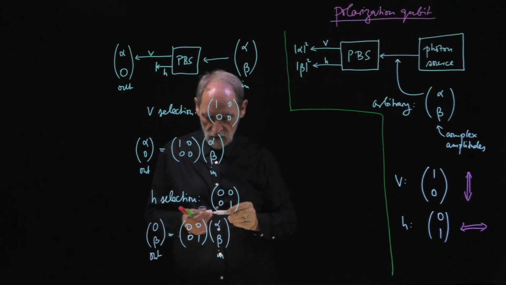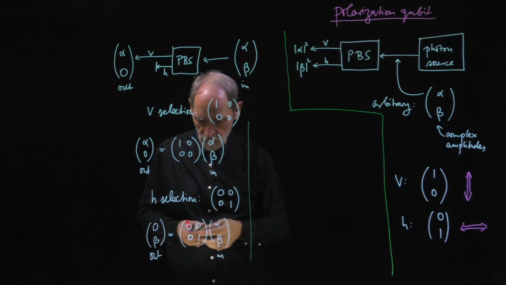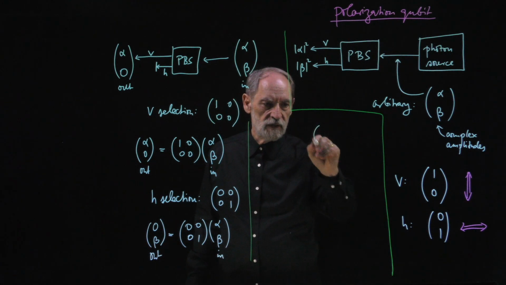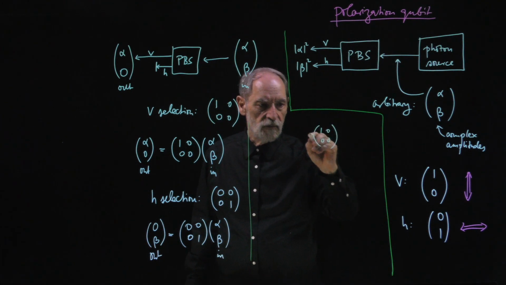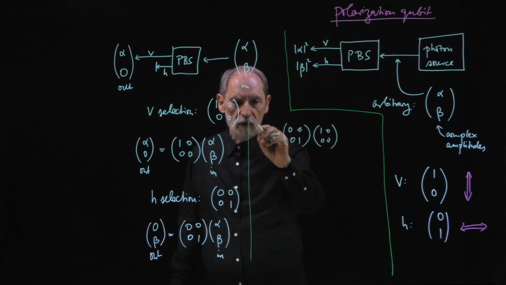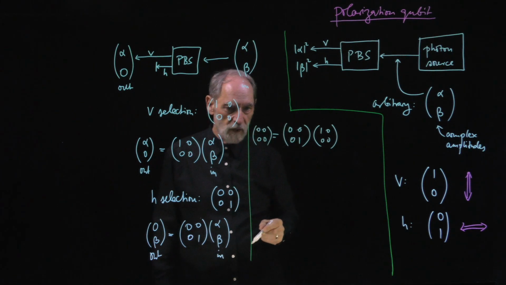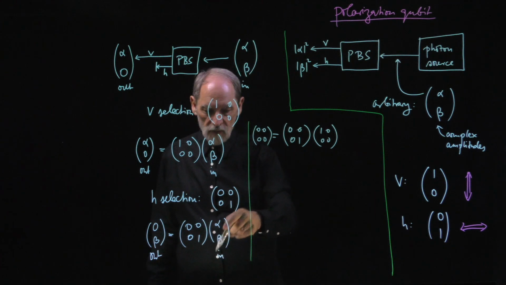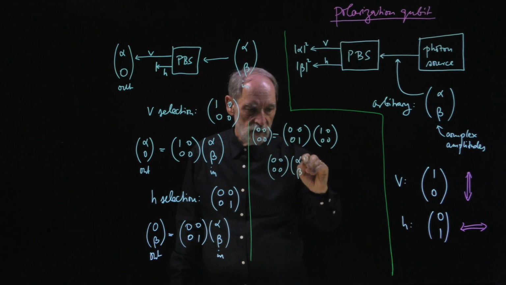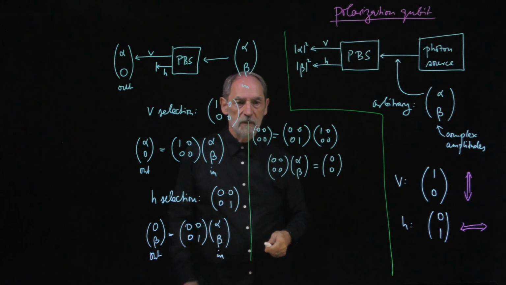And as we can immediately observe, if we have one selection followed by the other, so we first have V selection, say, followed by H selection, then the overall effect is just a matrix that has zeros everywhere, and you apply that to the alpha beta column, then you just get nothing at all in the output port, right?